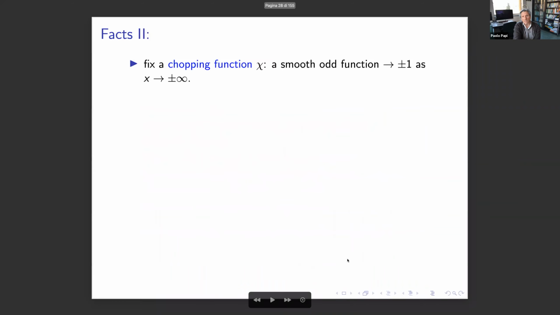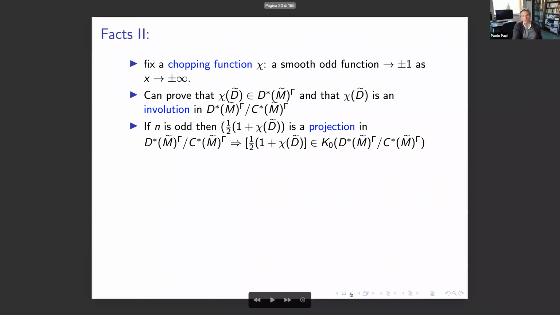Now let me explain how to get K theory invariants out of Dirac operators. One way, which you find already in the book by Higson and Roe, is to fix a chopping function, namely a odd function converging to plus and minus 1 for x going to plus or minus infinity. And then we take the functional calculus associated to D tilde.